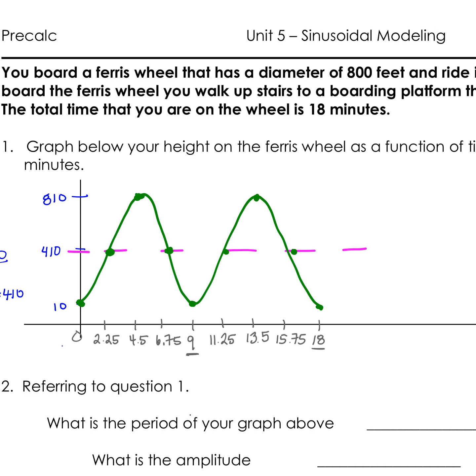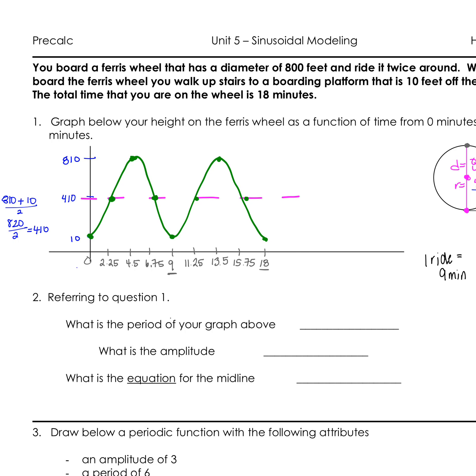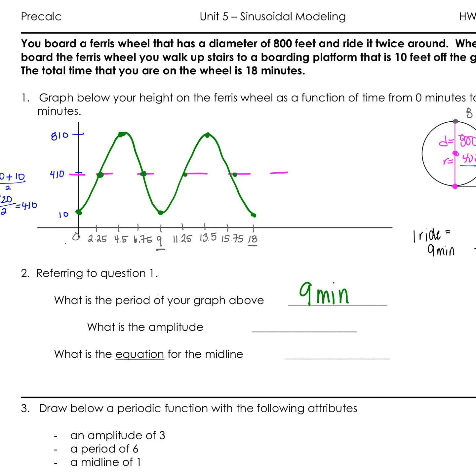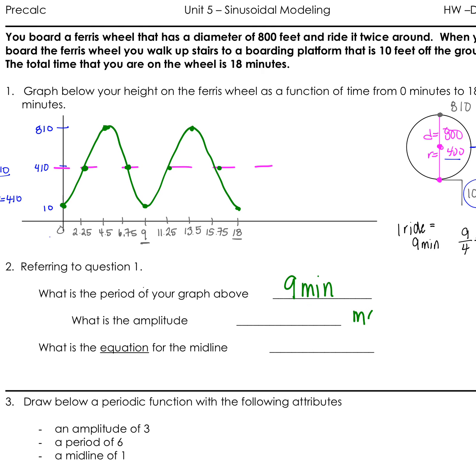Now let's answer these questions. What is the period of your graph? Remember, a period is one time around. So how long did it take us to go through one time? 9 minutes. What is our amplitude? Remember, that's your max minus your midline. So our max was 810 minus your midline, 410.